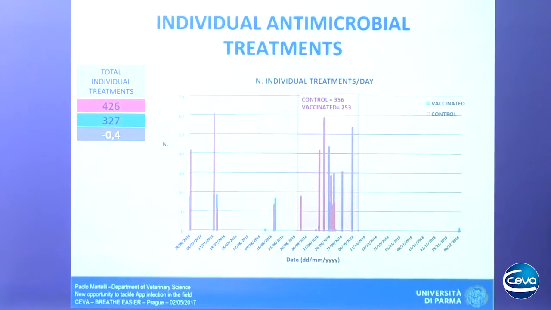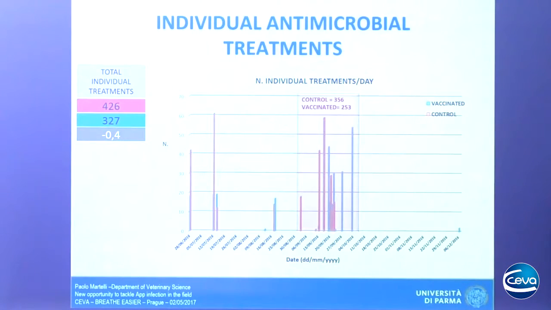And there is the individual antimicrobial treatment during the whole experimental period, from the vaccination to the slaughterhouse. And here you see highlighted the period corresponding to the outbreak of pleuropneumonia.